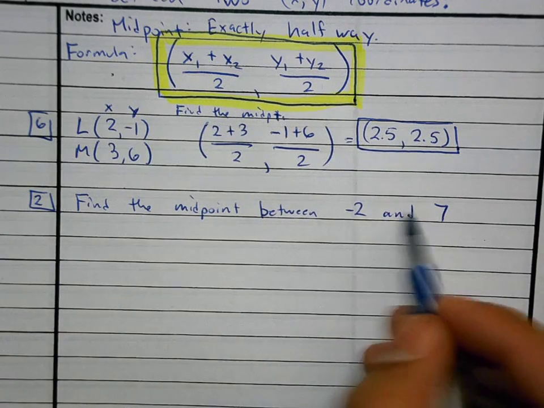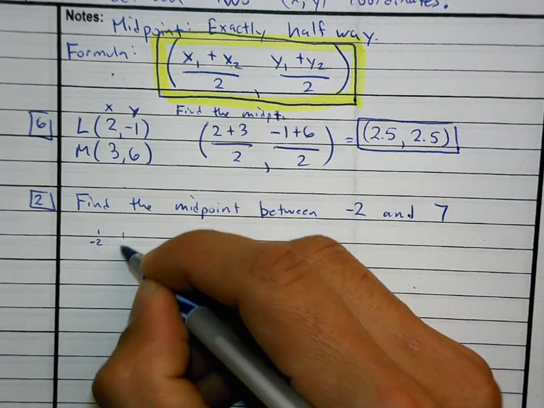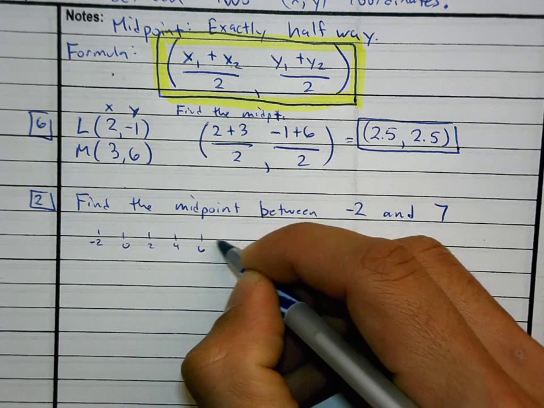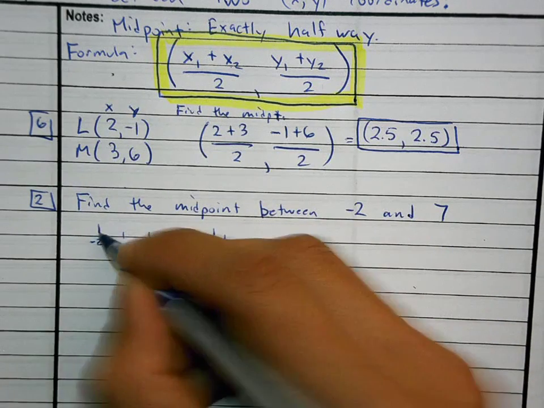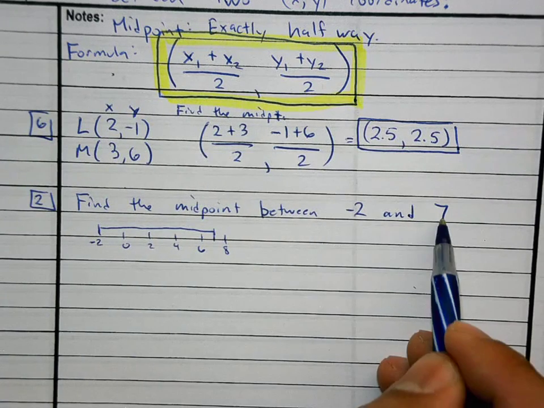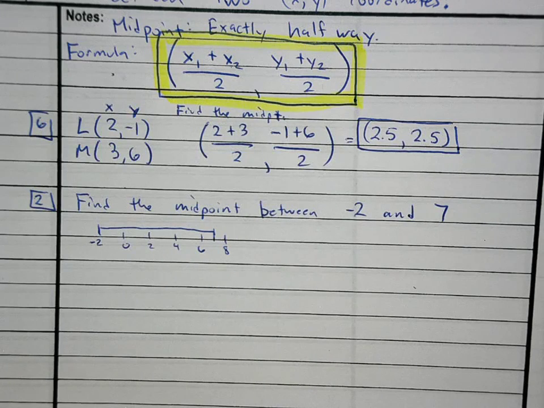This number line, -2, 0, 2, 4, 6, 8. From -2 to 7 looks like this on the number line, right? So the midpoint's going to be something with a decimal.